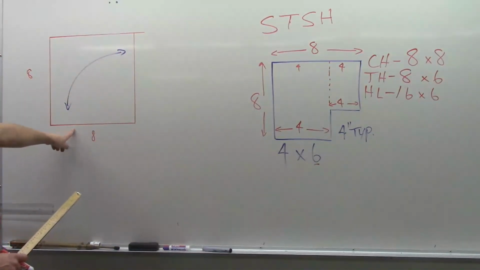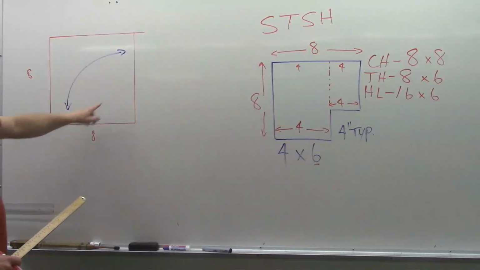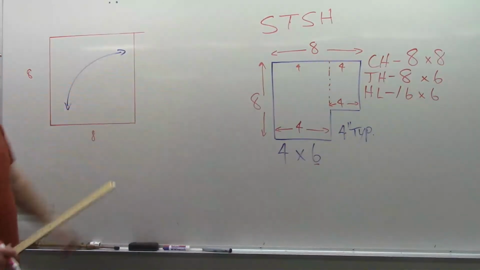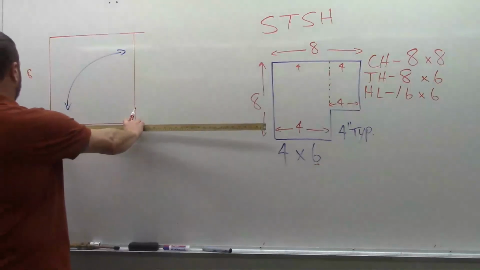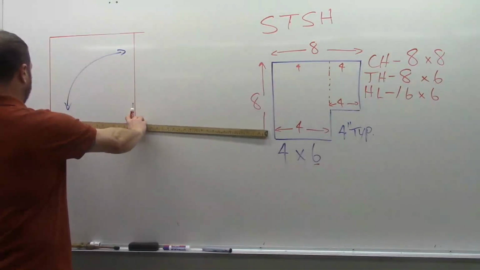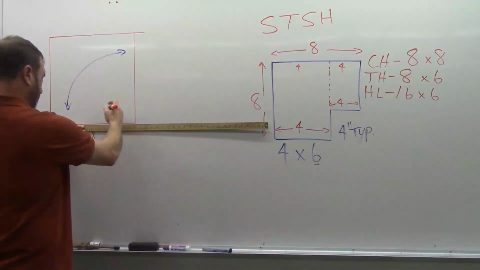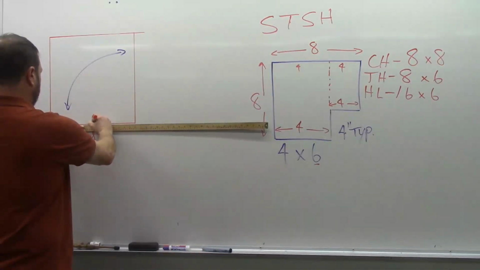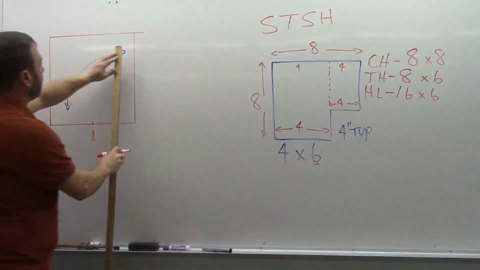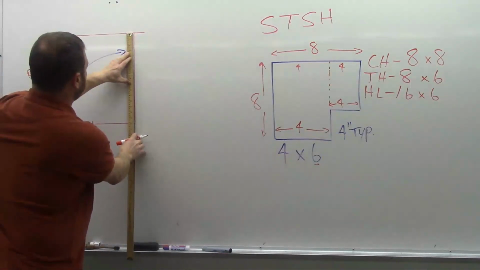Okay, so I know there's an opening at this end and at this end, just as my picture shows here. So I'll come in here at my base dimension, and I'll tick off again the midpoint. Always remember measuring the opening.